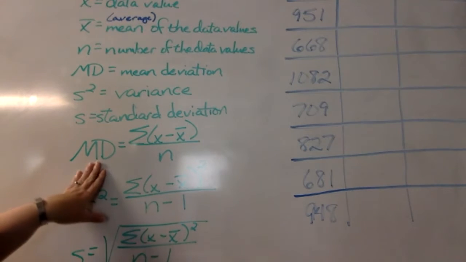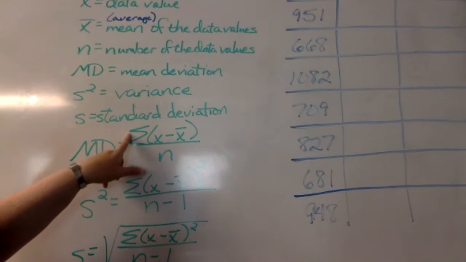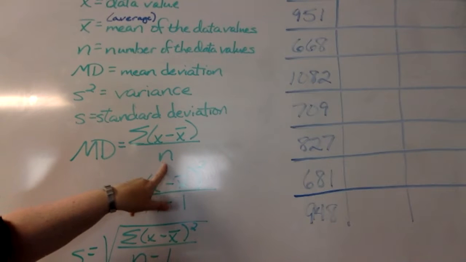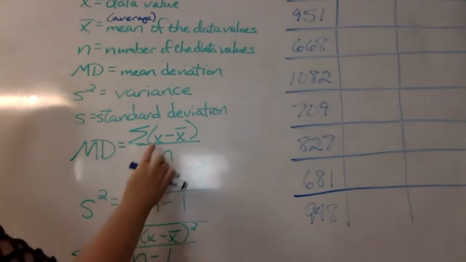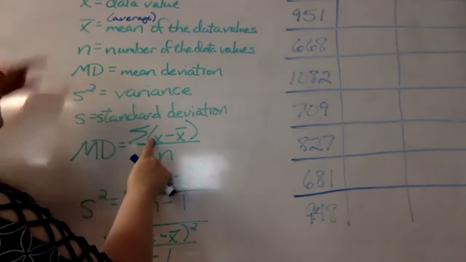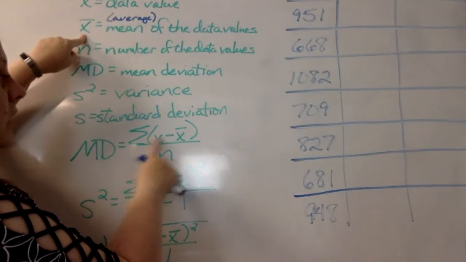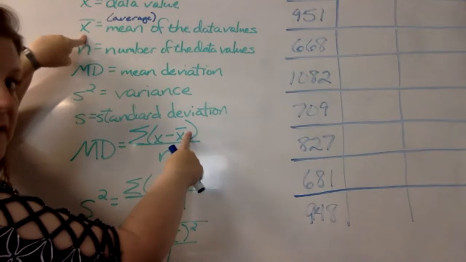The MD, or mean deviation, is the sum of this right here over the number of data values. Now think about what this means. We said X was our data value, and X with the bar over it was our mean of the data values.